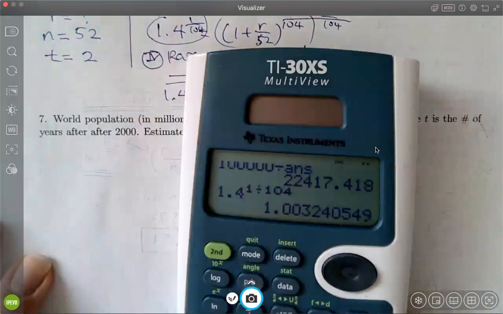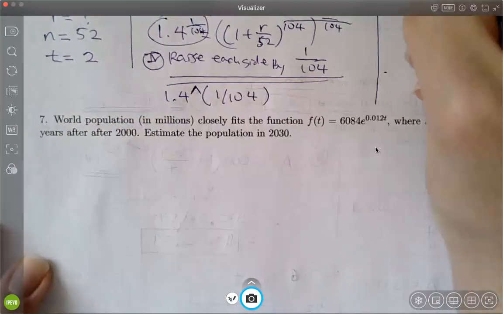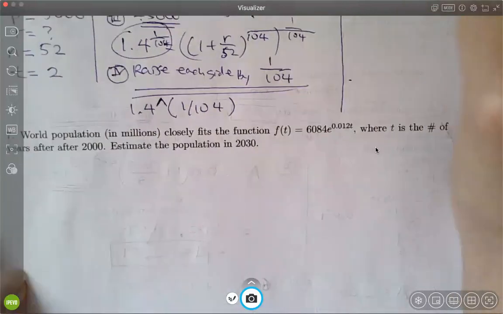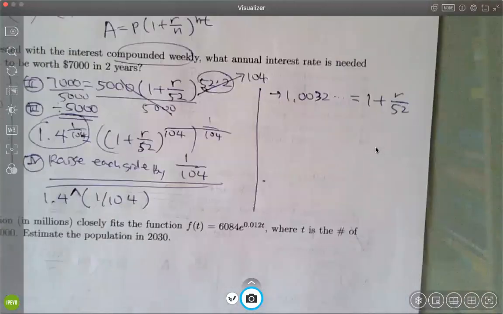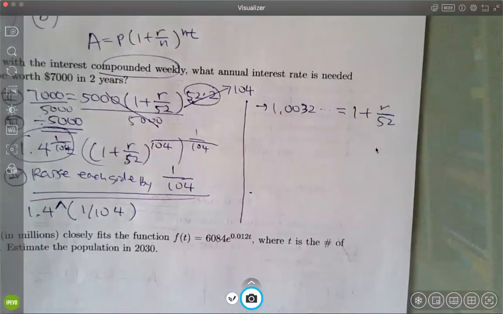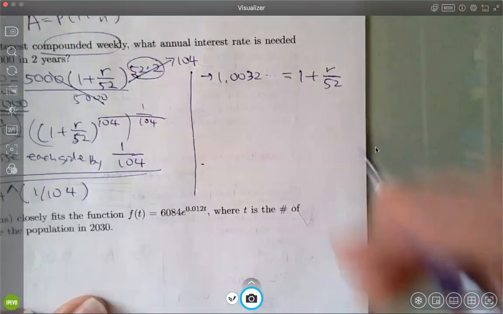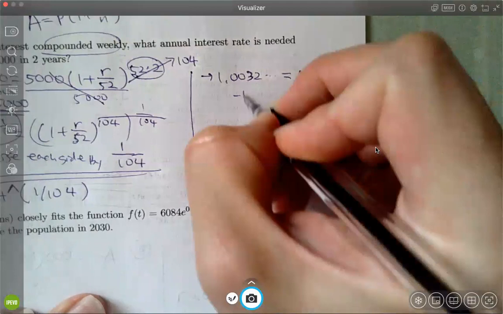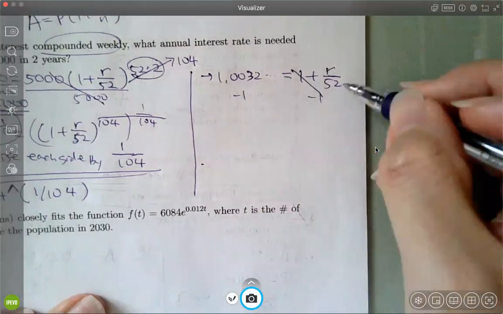So here you have 1.0032 and so on and so forth is equal to 1 plus r over 52. And now it's fairly easy to see what needs to be done next. There are only two more steps. What's the next step? Subtract 1. And then to remove this denominator, what do you do? Multiply by 52, right?